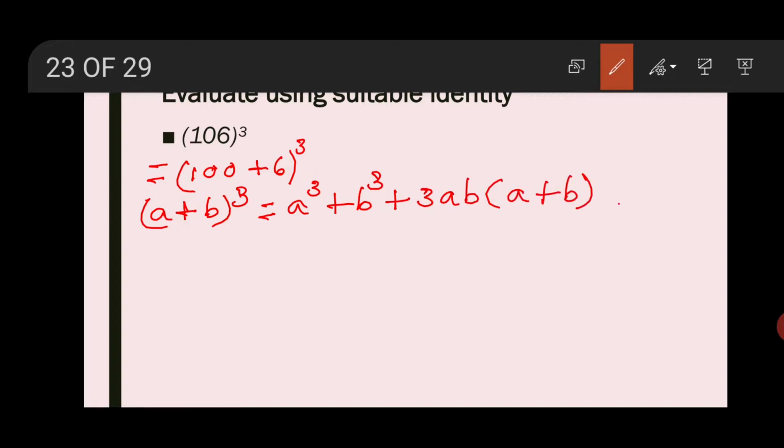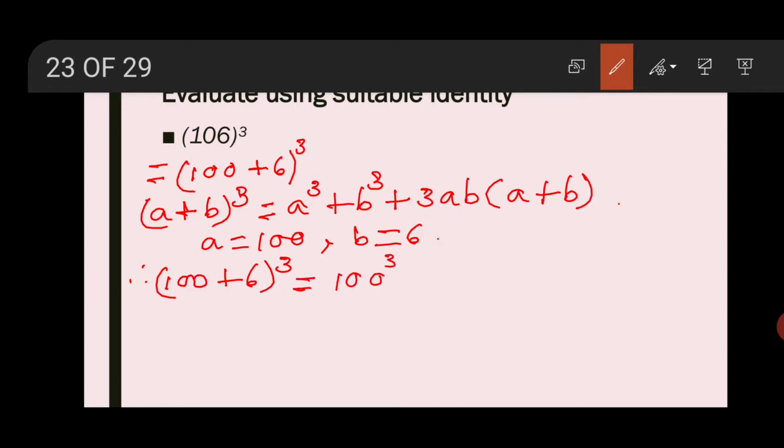Here, what are the values of a and b? a is equal to 100 and b is equal to 6. Therefore (100 + 6) whole cube is equal to 100 cube plus 6 cube plus 3 into a into b into (a + b), that is 3 into 100 into 6 into (100 + 6).